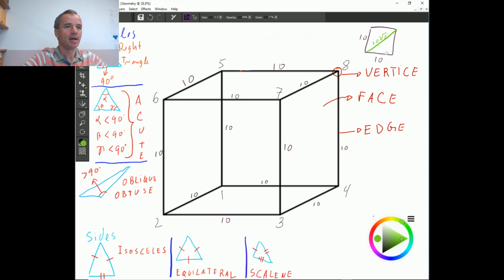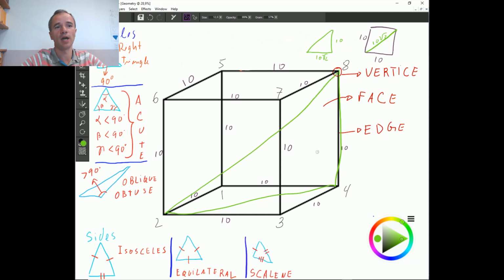Let me see what's going to be the diagonal of the cube. It is with square root of 3. I just have to make Pythagoras in here. This is 10, this is the cube diagonal. This is going to be 10 square root of 2 because I'm doing this triangle here.